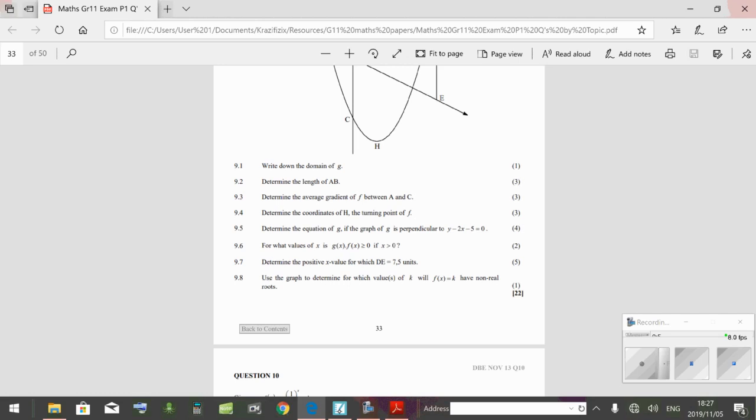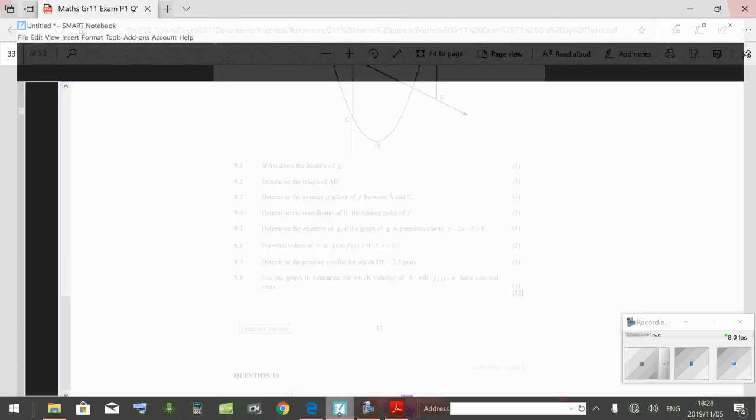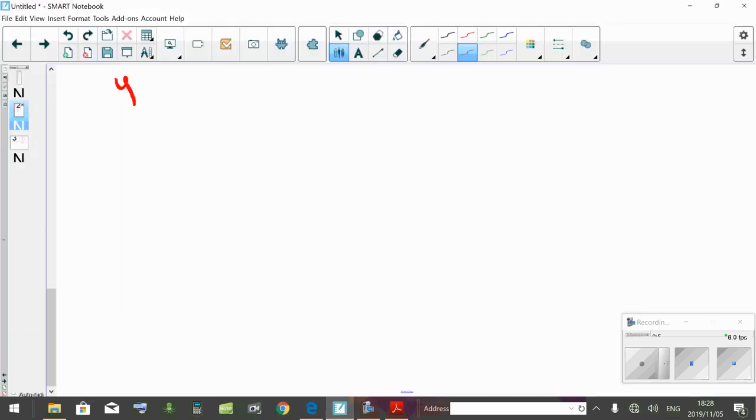Determine the equation of G if the graph of G is perpendicular to the graph y minus 2x minus 5 equals 0. So the main point here is that G is perpendicular to this line.